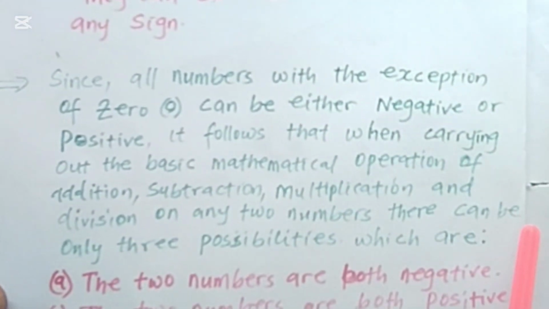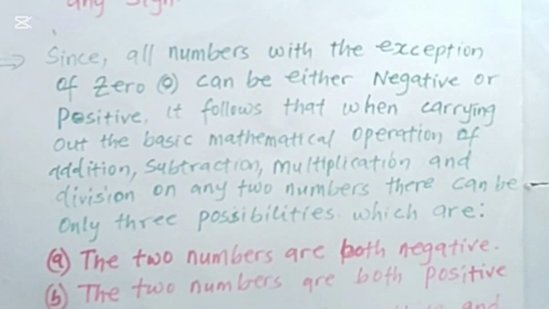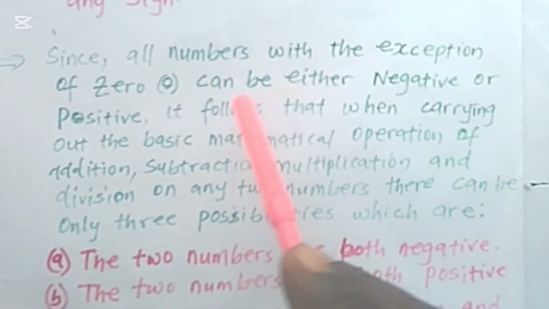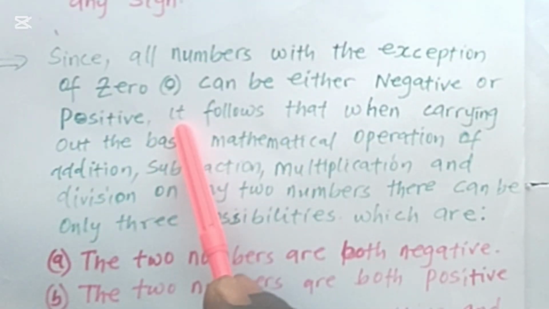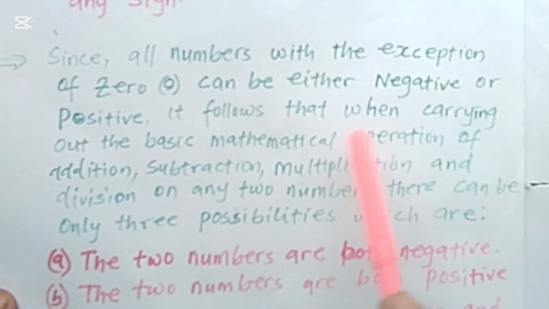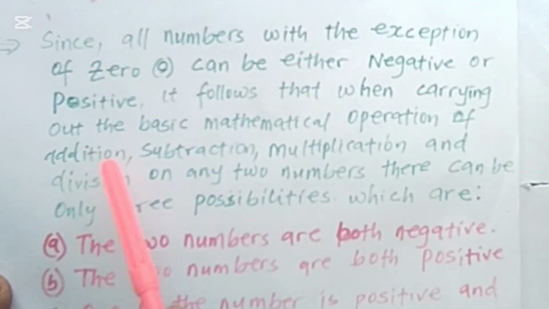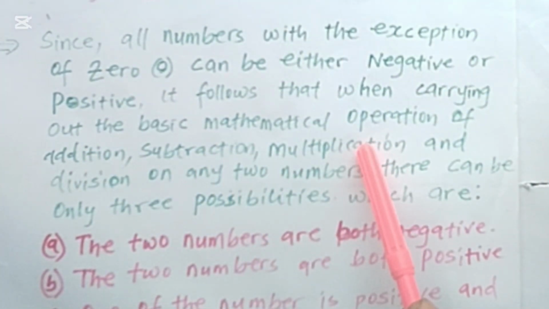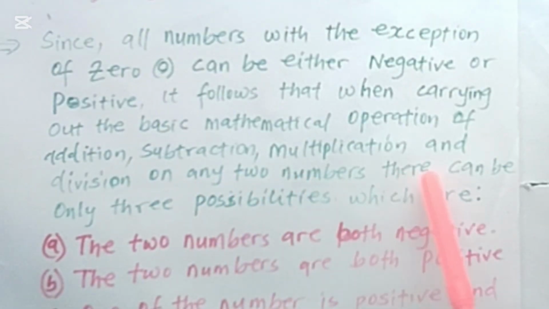We're going to go to the next thing I want us to understand. Since all numbers, with the exception of 0, can be either negative or positive, it follows that when carrying out the basic mathematical operations of addition, subtraction, multiplication, and division on any two numbers, there can be only three possibilities.